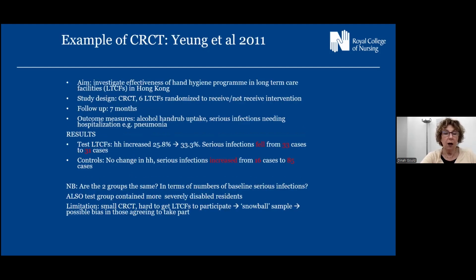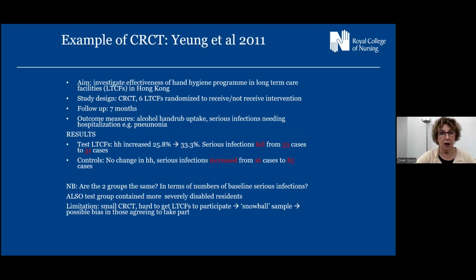An example of a cluster randomized controlled trial is this one that was done in Hong Kong in 2011. And the aim there was to look at the effectiveness of the hand hygiene program in long-term care facilities. People live a long time in the West, but in the Far East, they live even longer because their diet is very good.